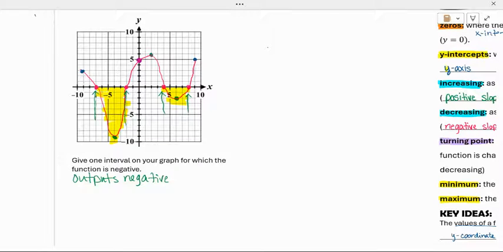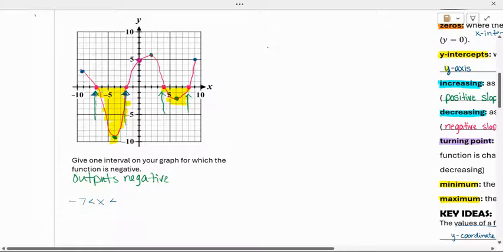What's the smallest x? What's the largest? What's the smallest x right here? So from -7 is less than x is less than, what's the largest x of that interval? -2. So that's one interval.